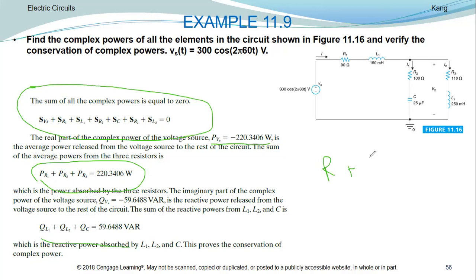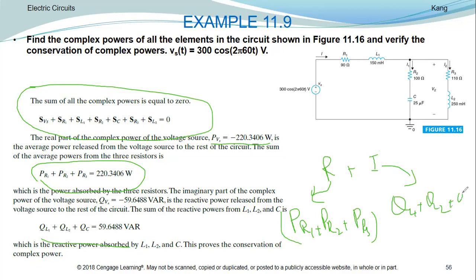The real part is PR1 plus PR2 plus PR3, and the imaginary part will be QL1 plus QL2 plus QC. So this is the way to find the values. This is basically the problem related to conservation of complex power.